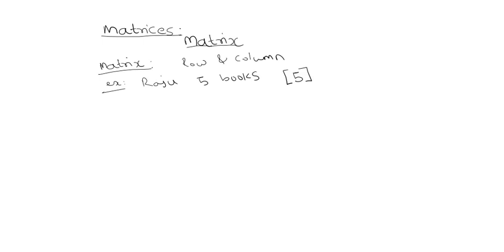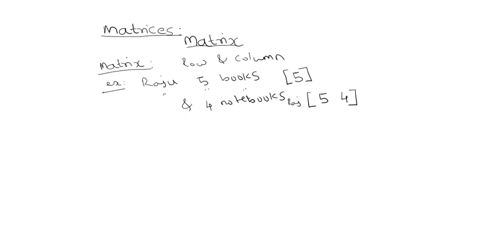Now there is only one piece of information we have written. Suppose Raju has 5 books and 4 notebooks. How do we write this in the form of a matrix? If I write 5, 4, it means 5 is the books and 4 is the notebooks. Here the row indicates a candidate, say a person Raju.